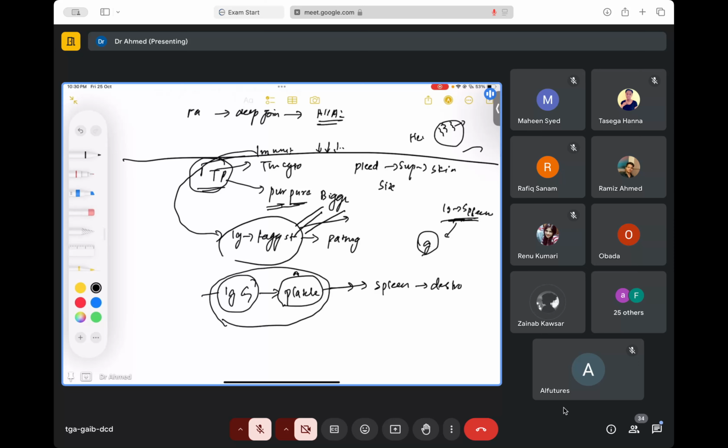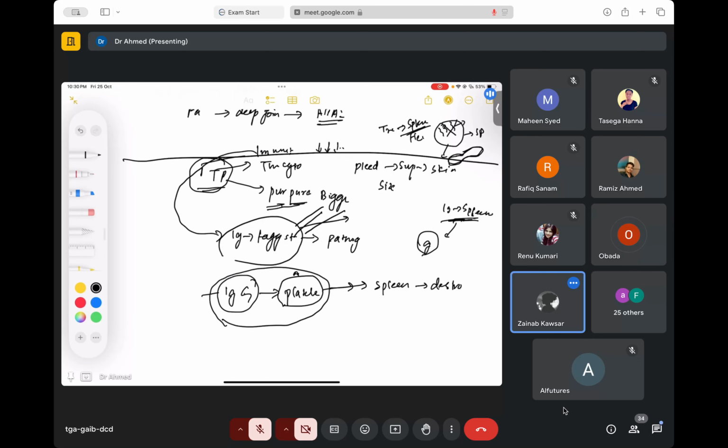So the biconcave shape is now in the shape of a sphere, and this sphere is going to go into your spleen, and the spleen is going to eat it. You will be seeing destruction of your red blood cells inside your spleen, which would cause anemia. So what was the treatment option for that? Splenectomy, right?